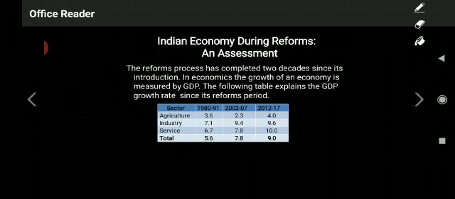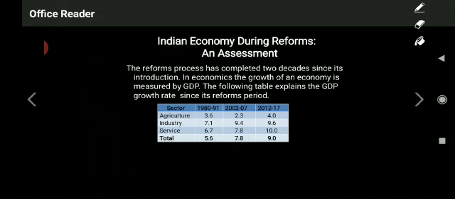In 1980 to 91, that means in pre-economic reforms, in pre-90s, the agriculture sector growth rate was very less, that is 3.6% GDP growth rate. It was the status before economic reforms.